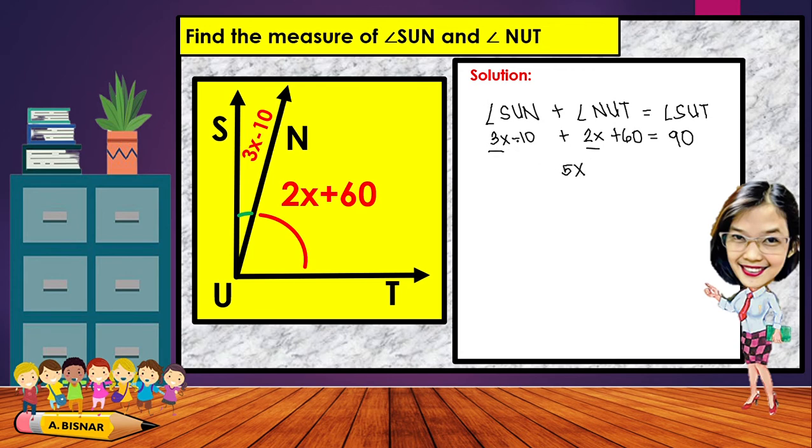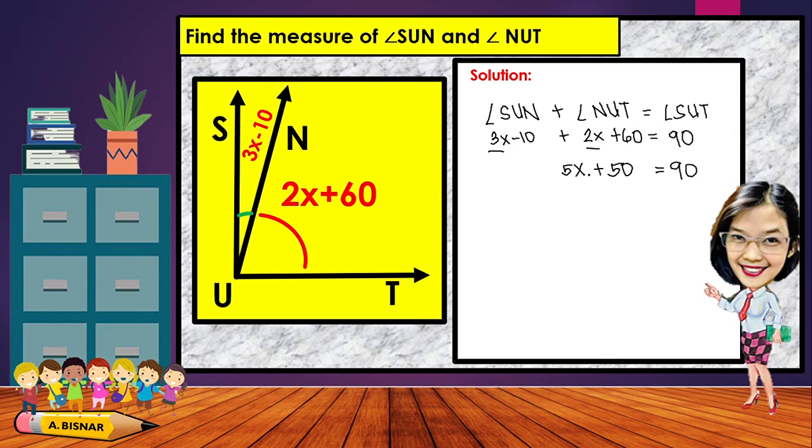So you have here minus 10 and plus 60, which means to say you are going to subtract them. That's why you'll get 50. 10 negative, 60 positive, so what remains is 50 positive. And this will be equal to 90.